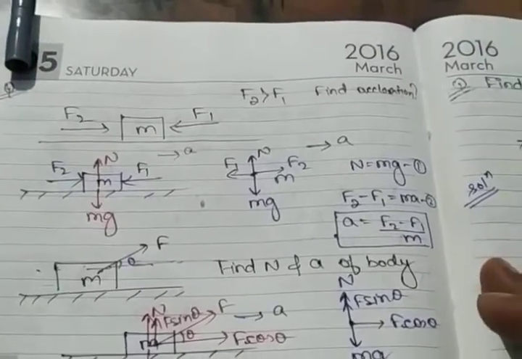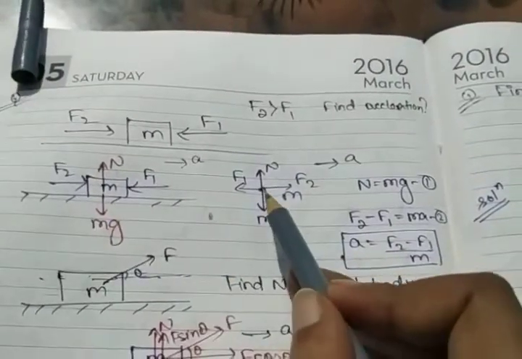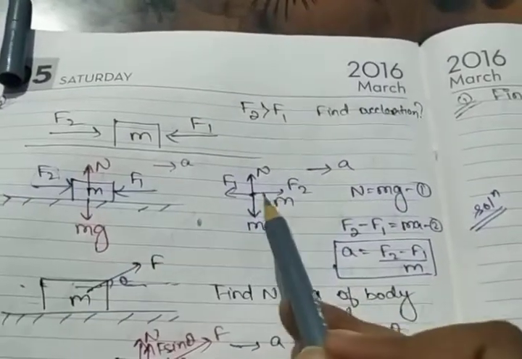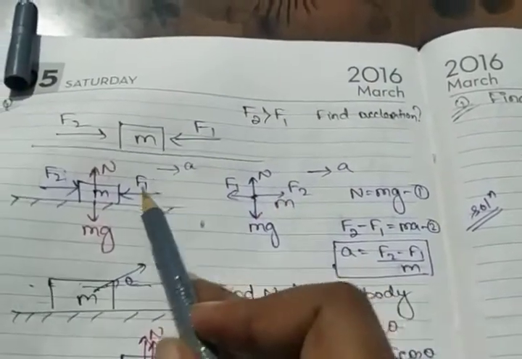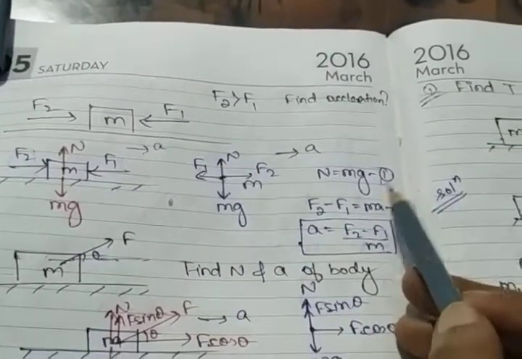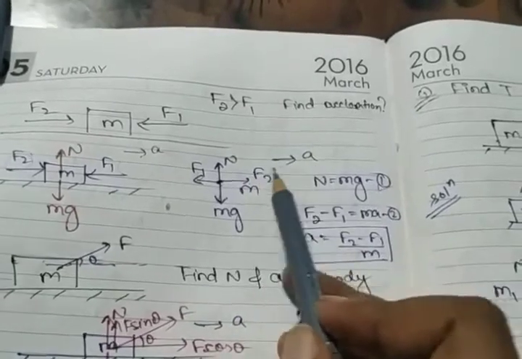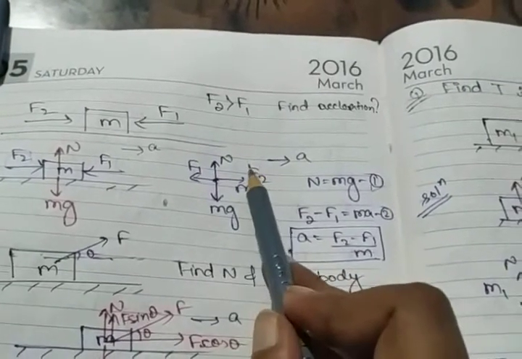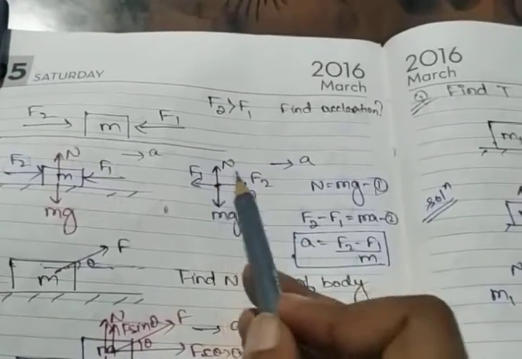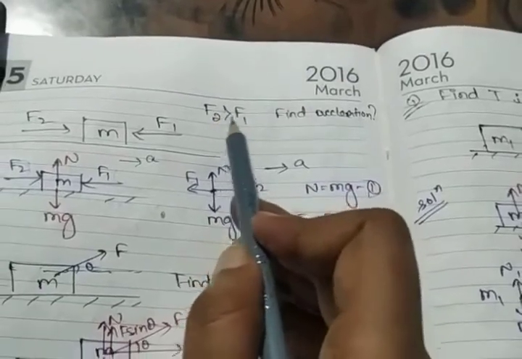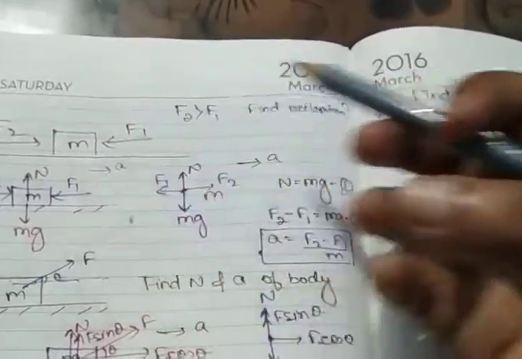Yes or no? So I can draw the free body diagram like this: mg downwards, N upwards, force F2 in this direction, force F1 in this direction. So first thing is N equals mg. Next, which one is greater? F2 is greater than F1. So of the net force, part of F2 will cancel F1, but the extra part that is greater will accelerate the body in this direction.